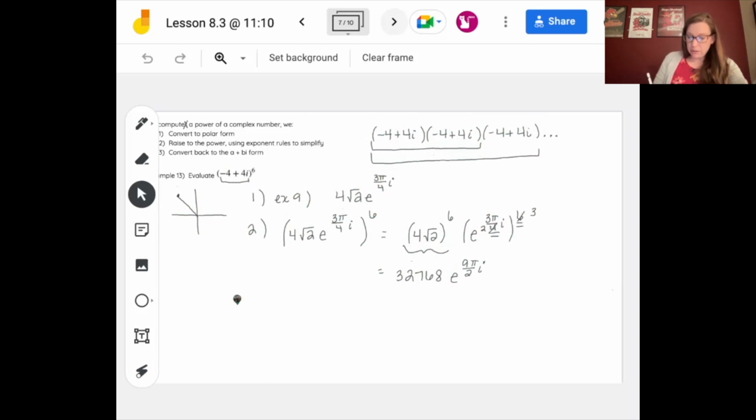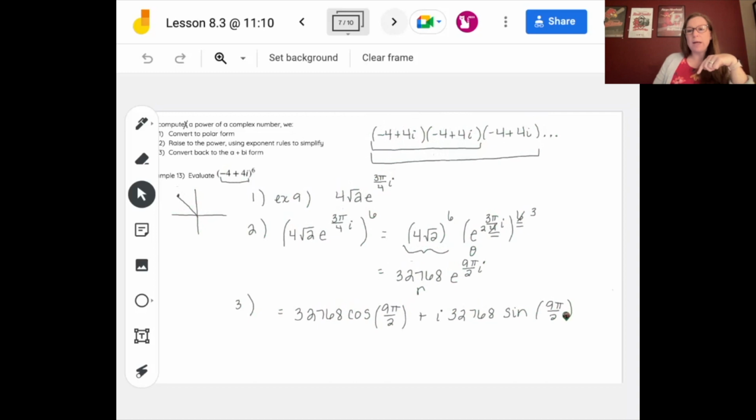Step 3, put it back into a plus bi. I have my radius and I have my theta. So I know this is equal to 32,768 times cosine of theta, 9 pi over 2, plus i times 32,768 times sine of 9 pi over 2.